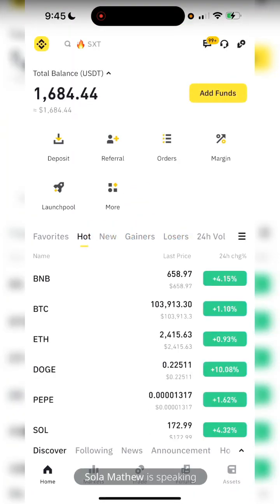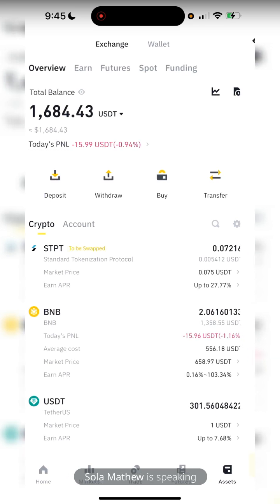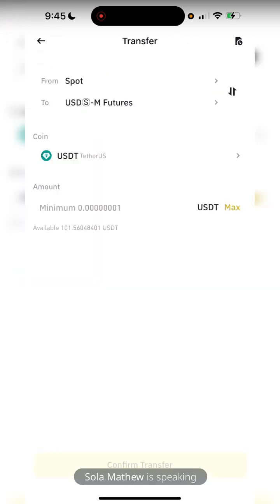If you are trading on Binance, your fund will be in assets. So you transfer from spot to USDT M futures. For example, I have like 100 and something USDT in spot right now.